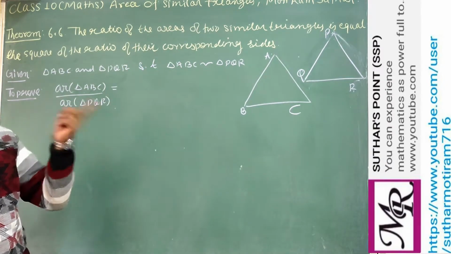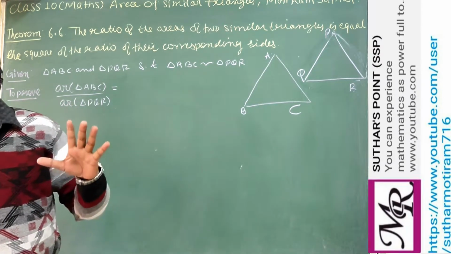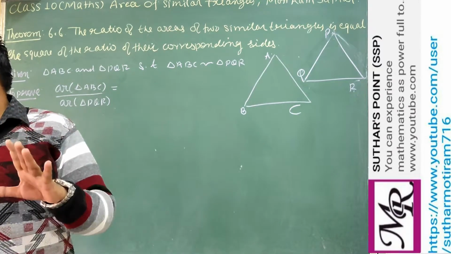Corresponding side के रेशियो का स्क्वायर है. दो सिमिलर ट्राइंगल के एरिया का रेशियो है, वो क्या है? Corresponding side के रेशियो का स्क्वायर.